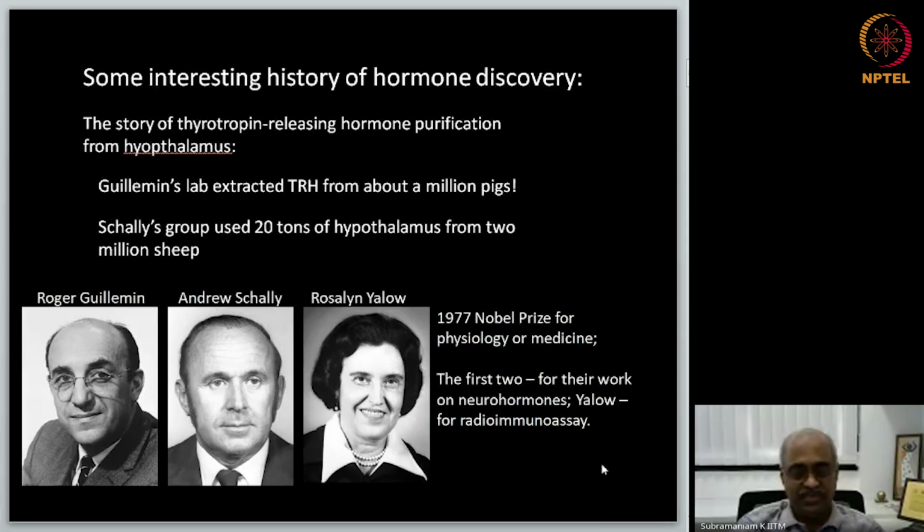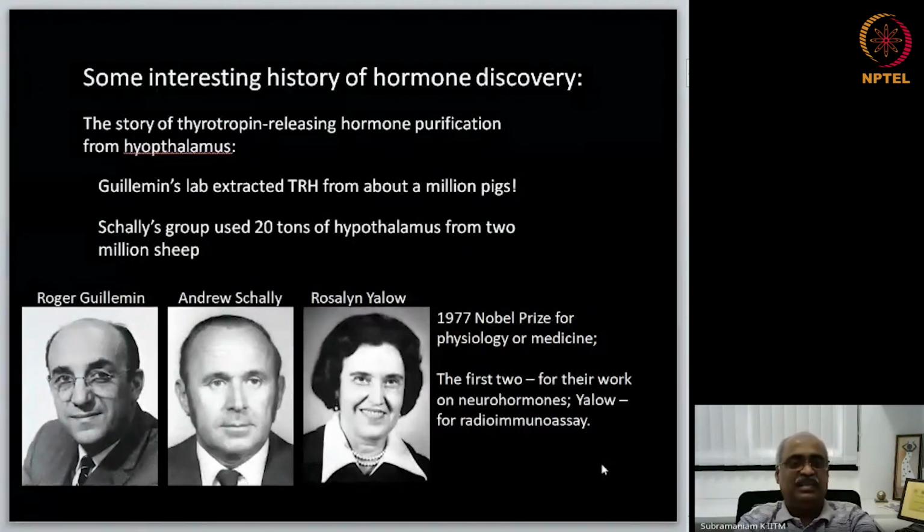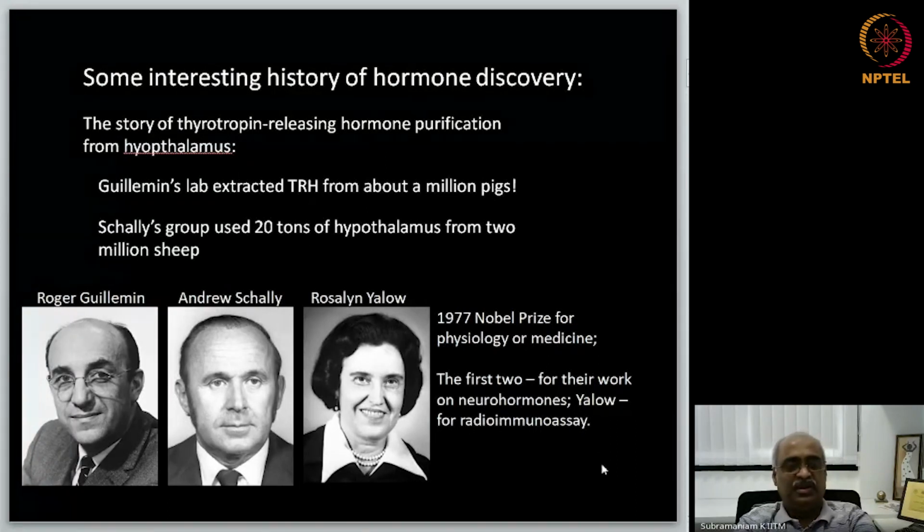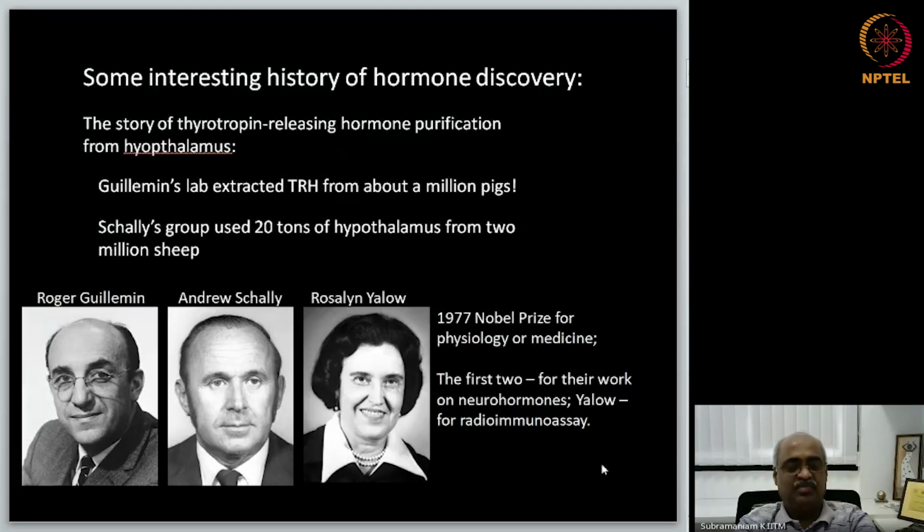Okay, some interesting historical tidbits about hormone discovery. So how do people discover hormones? Hormones, since they are signaling molecules, can act at extremely low concentrations, and their presence can be easily detected based on the function they do, and that is what we call a bioassay.